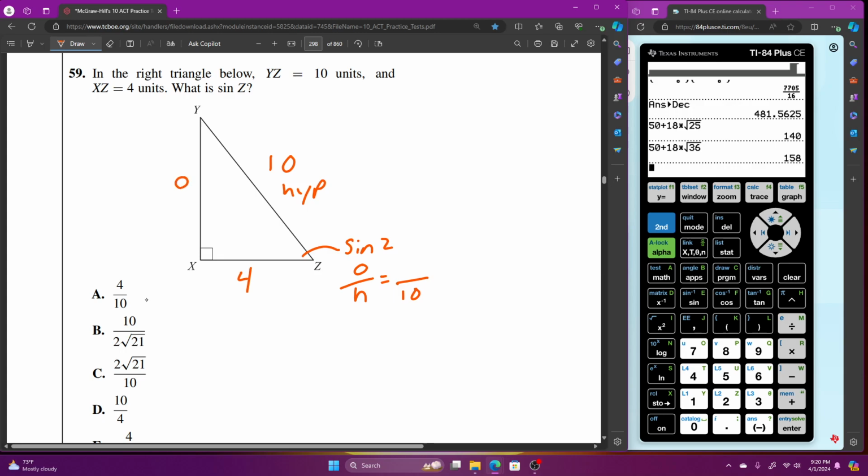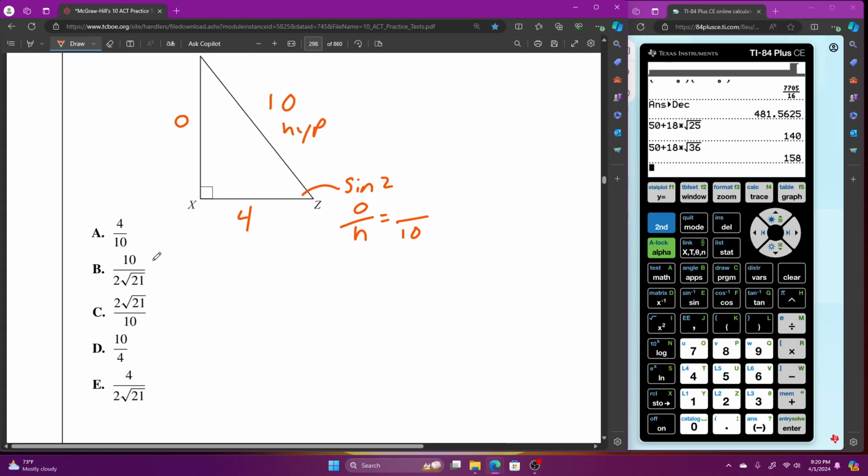So we need to use our Pythagorean Theorem for a right triangle. This formula you have to have memorized. A squared plus B squared equals C squared, where C is the hypotenuse and A and B are the legs. So our letter O squared plus 4 squared, O squared equals, plus, my bad, that's a plus.